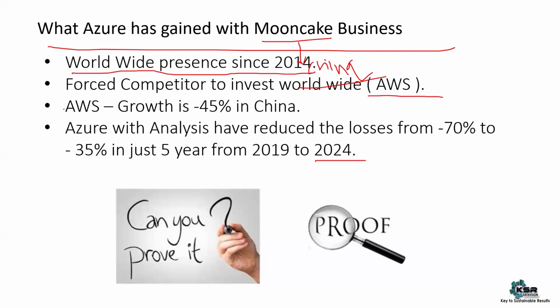So Azure's competitor is AWS. AWS growth is minus 45% as compared to minus 35%. This is just a comparison. Azure reduced its loss from minus 70% in 2019 to minus 35% in 2024. Accepted, Azure is making a loss, but it has drastically reduced its loss percentage from minus 70 to minus 35.